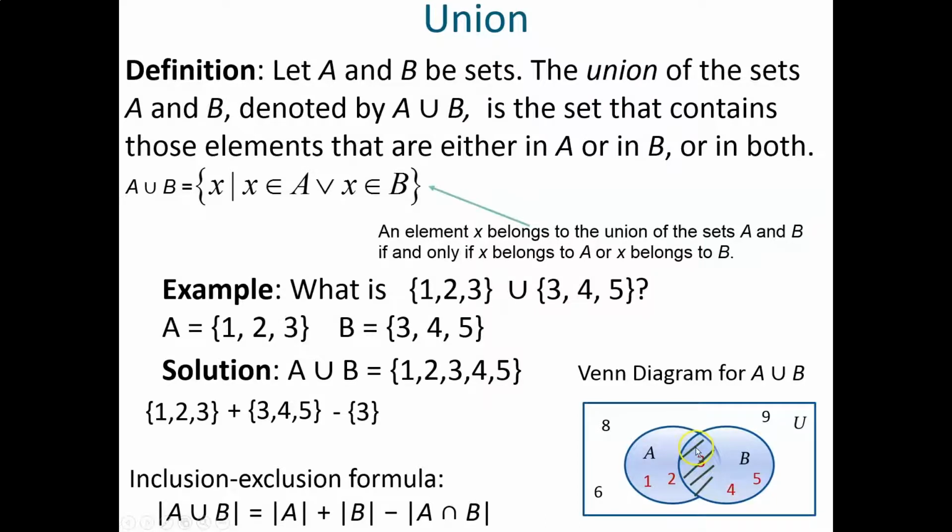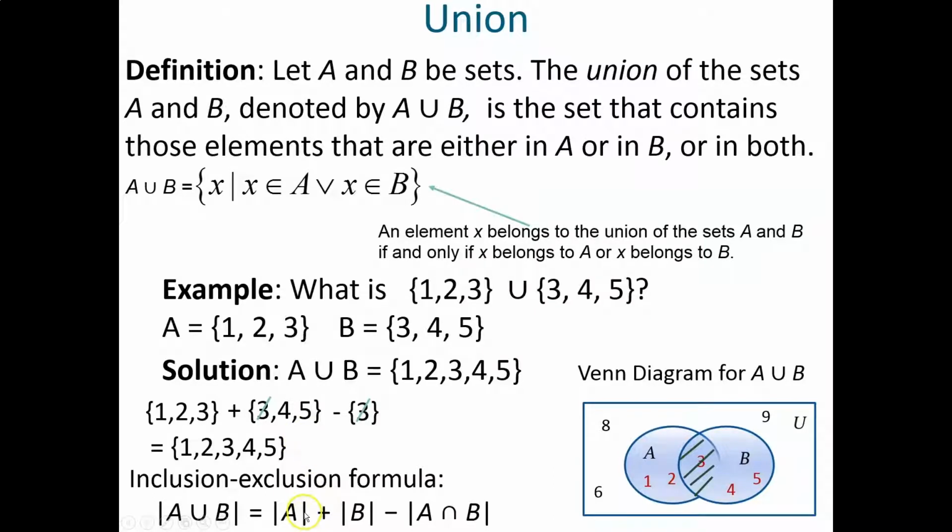Intersection means what I am highlighting in here: the elements that are common to both set A and set B. Here what's common to set A and set B is 3. So I put 3 in here. So that's my intersection. Since I have 3 here, I can subtract 3 from this side. So I cancel this out and I end up with 1, 2, 3, 4, 5. So again, no duplicates because these 3s got cancelled out.